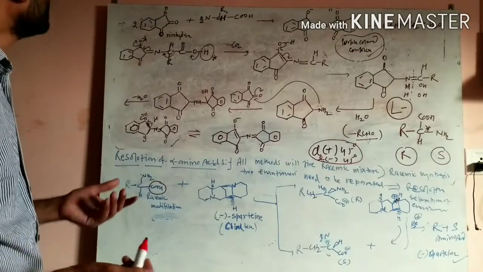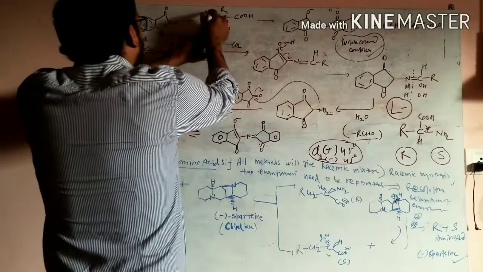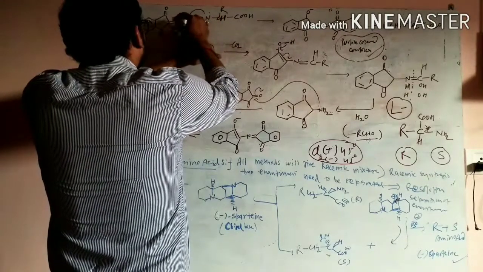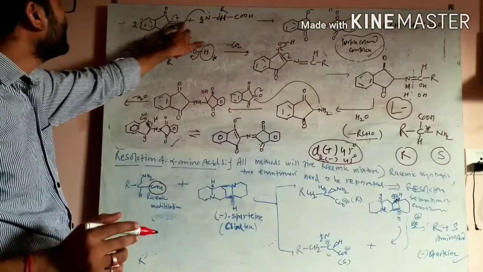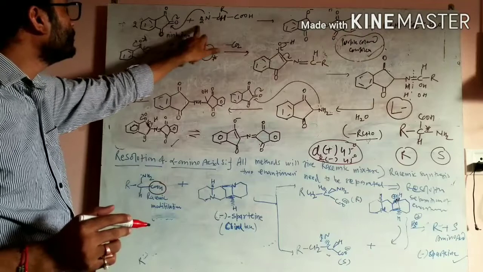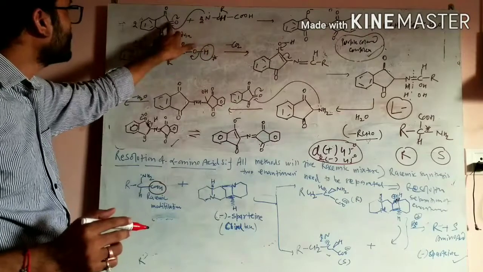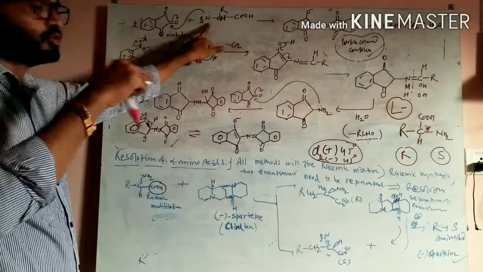So the mechanism will start from here. This NH2, the nucleophile, will attack over here. Okay? Now this C=O will convert into CO minus, and this NH2 will attach to this carbon and will convert into NH2 plus, and after that proton transfer will occur.